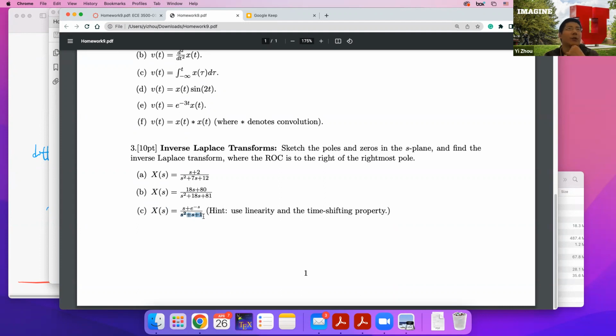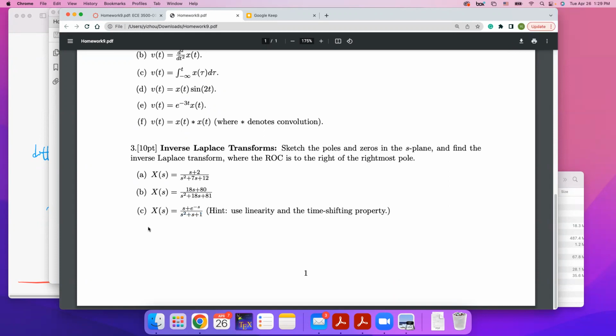The root of the denominator. For this one, we don't have real roots, so it's a pair of two complex numbers. You can apply the formula for second order equations to get the pair of roots. So it should be two complex numbers on a vertical line.